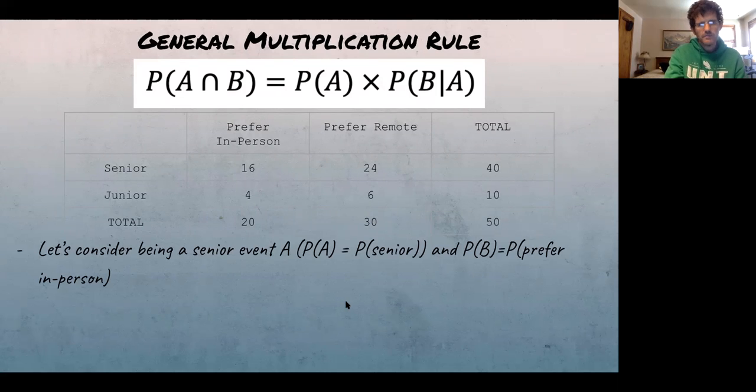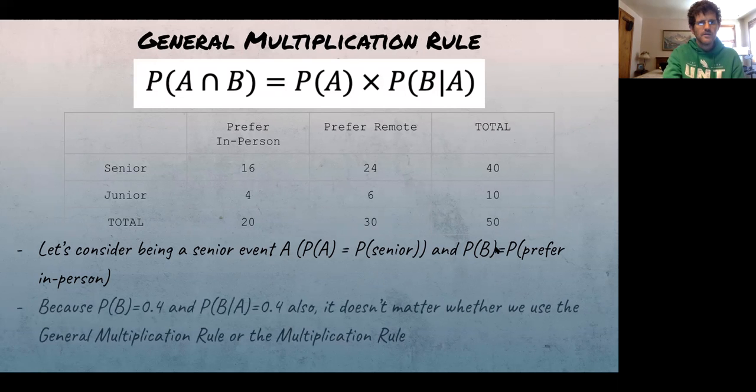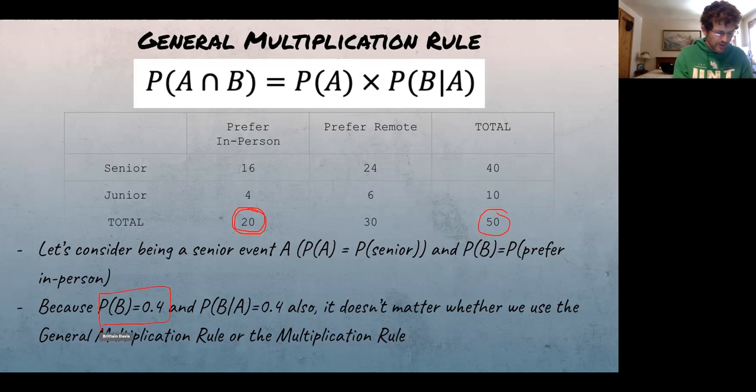So let's consider being a senior event A, and event B is going to be preferring in-person. The probability of preferring in-person is found right here. That's our marginal total, and that's just 20 over 50.